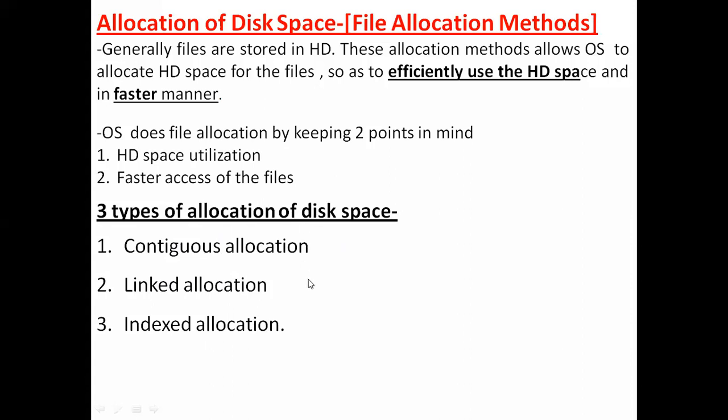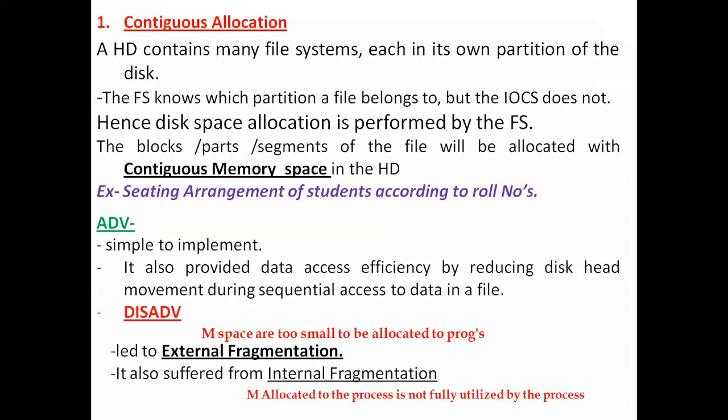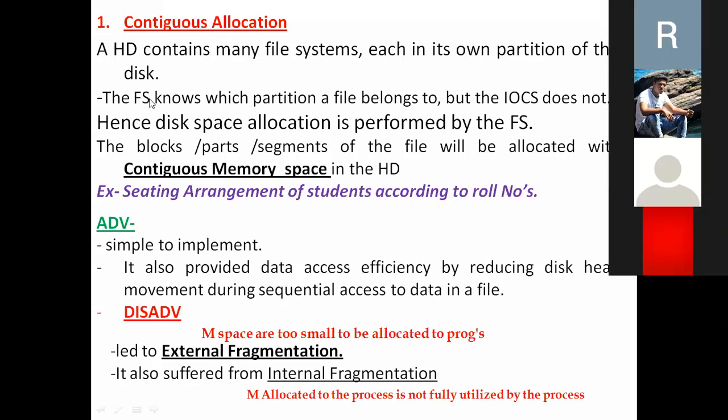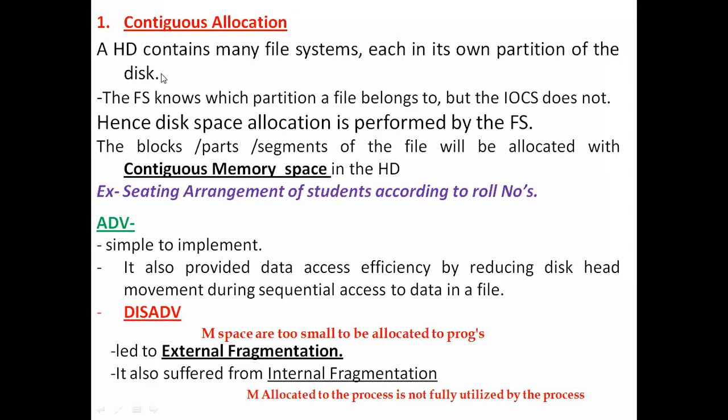Just be familiar with these headings and the related diagrams, because the diagram figures draw more attention from the evaluator. Now let us see the first type of allocation of disk space, which we call contiguous allocation.